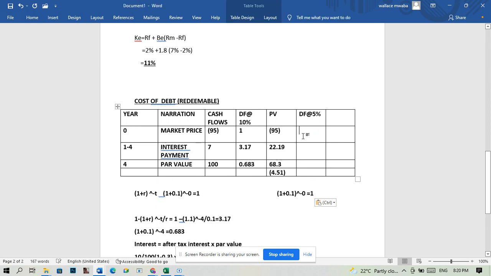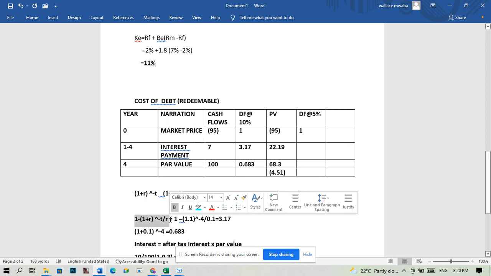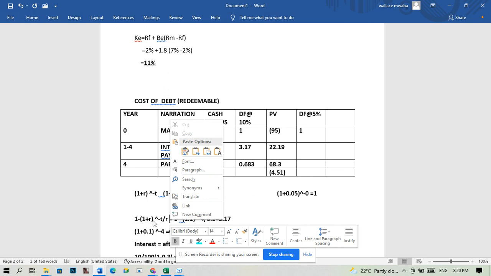So you still get 1 at year 0. When we come to years 1 to 4, we're still going to use the annuity formula, but our R changes.